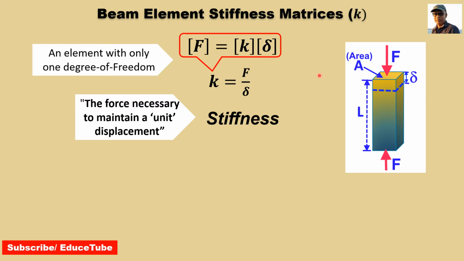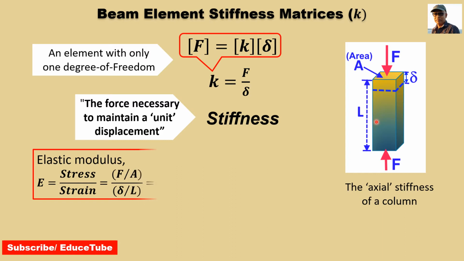Now for this column, say I want the axial stiffness of this column. If I want the axial stiffness of this column, we can derive it from the standard relationship.